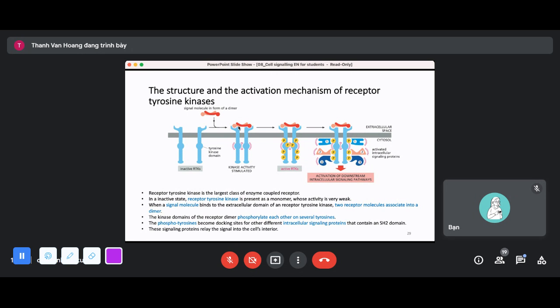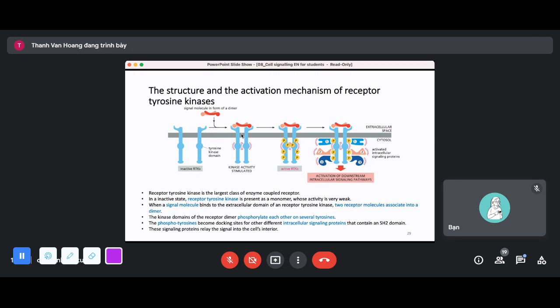The binding is very specific to this receptor, and it transduces signal specifically to the cells which express this receptor.